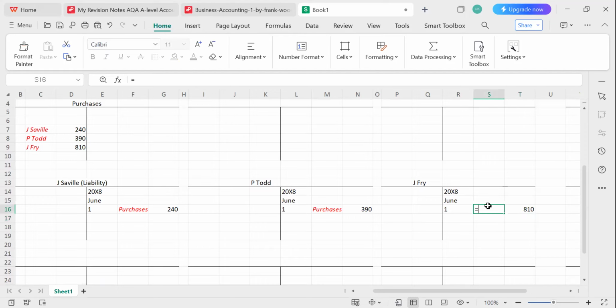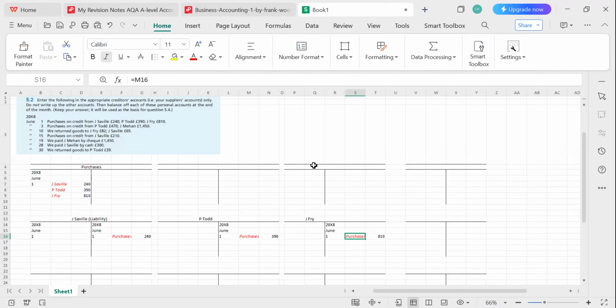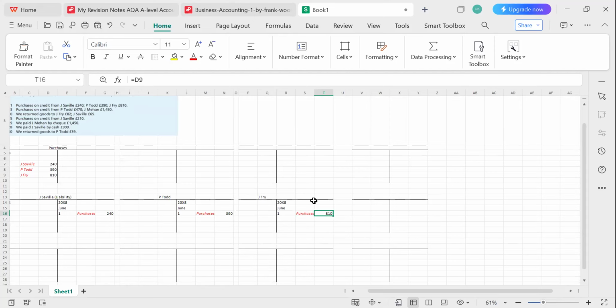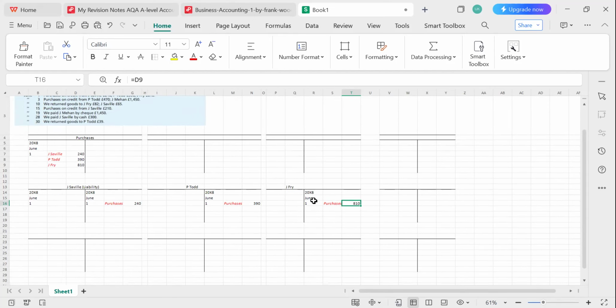And here I'm going to write purchases, which is the account I'm making against it. So look at that: debit purchases, credit J7; debit purchases, credit P Todd; debit purchases, credit J Fry. That's how we make the double entry accounts.